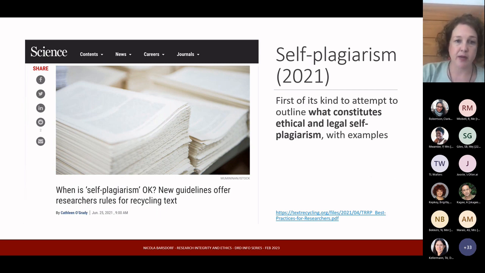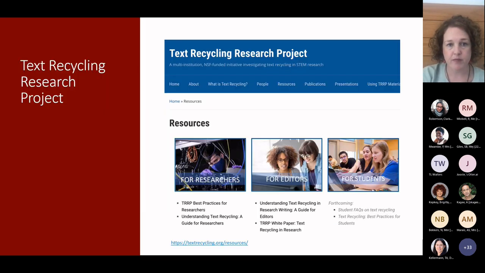And then something that might be helpful to both students and academics in our environment is a first of its kind attempt to outline what constitutes ethical and legal self-plagiarism with some examples. So when is self-plagiarism okay? Often referred to as text recycling. As academics, we may use some of our own work in some of our future work, and these guidelines offer researchers rules for recycling text in an ethical and legal way.